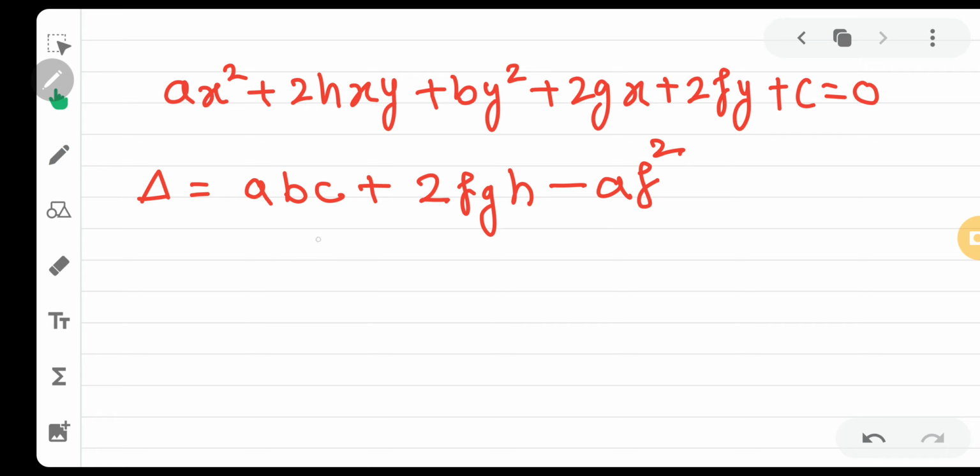Similarly, the second letter is B, and the second letter over here is G, so you write BG square. And the third letter is C, and the third letter is H with a 2, so it will be CH square. That is the value of delta: ABC plus 2FGH minus AF square minus BG square minus CH square.